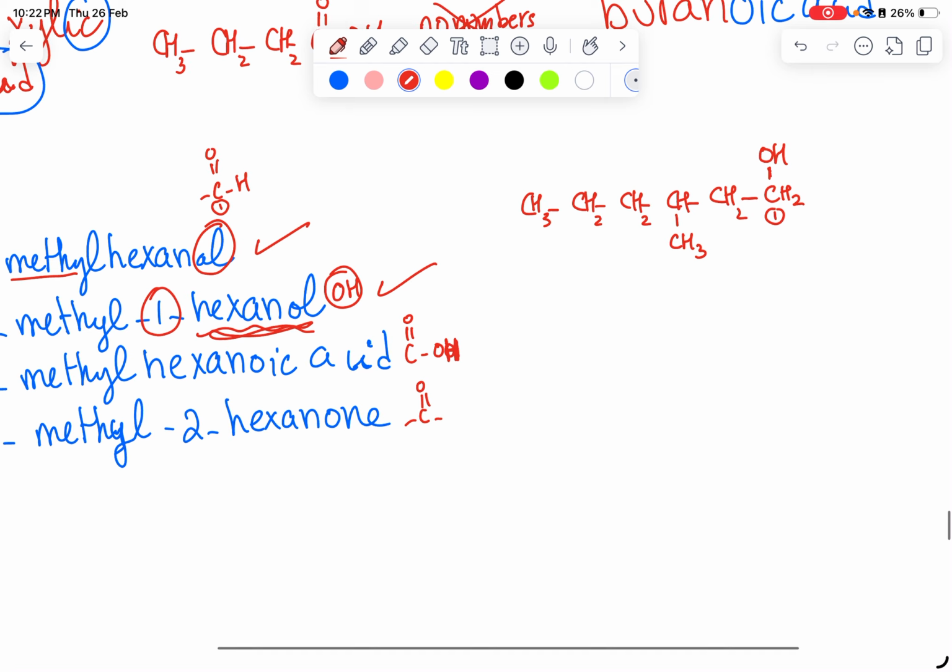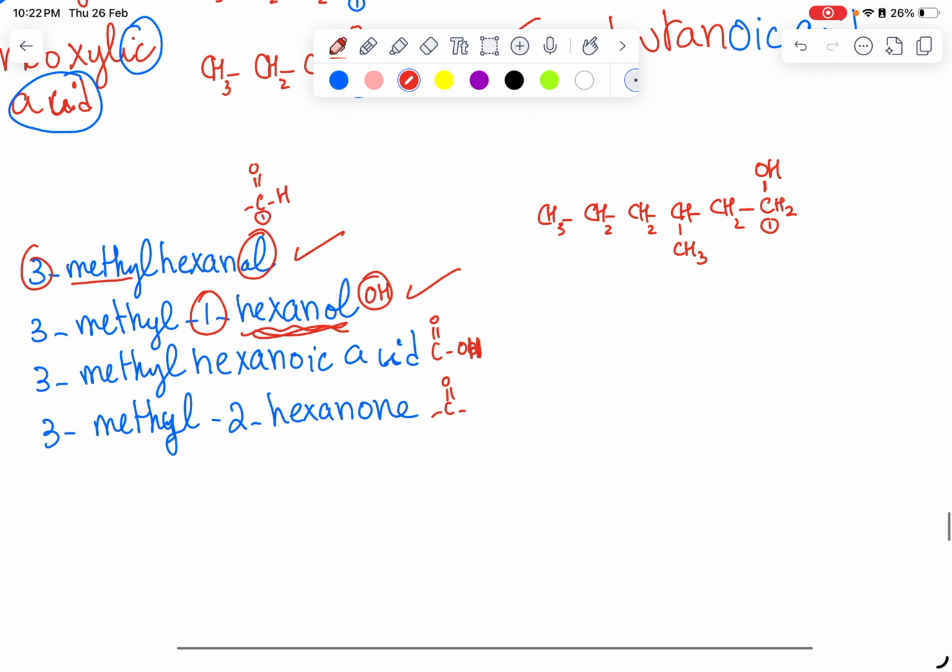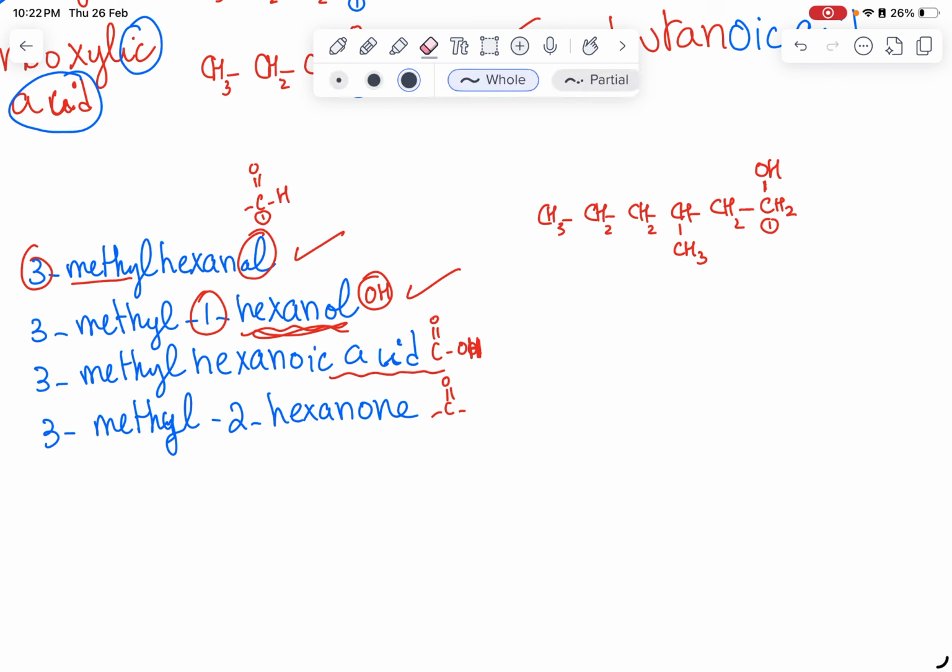I've done the 3-methyl hexanol. Now I'm gonna change it again and do a carboxylic acid. So in here, I'm gonna erase this functional group and make it a carboxylic acid. So it has to be on the side, OH. Now I'm done with this.